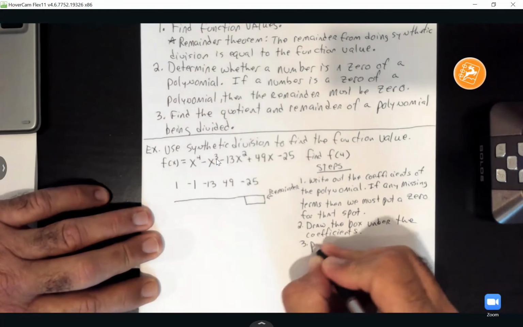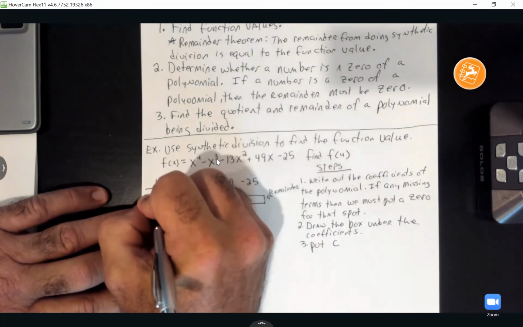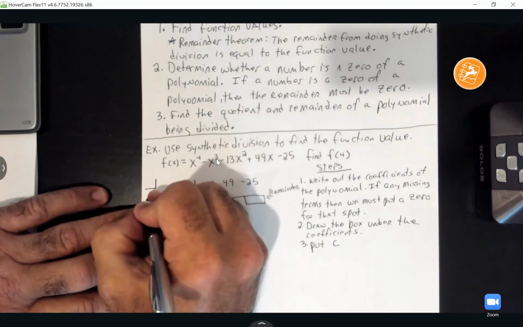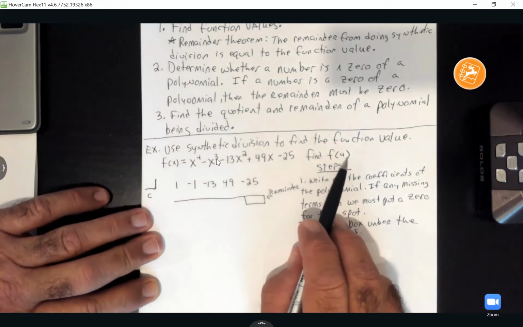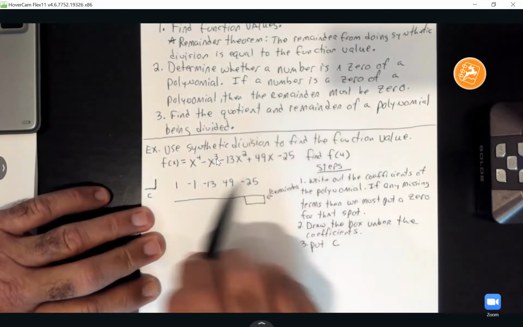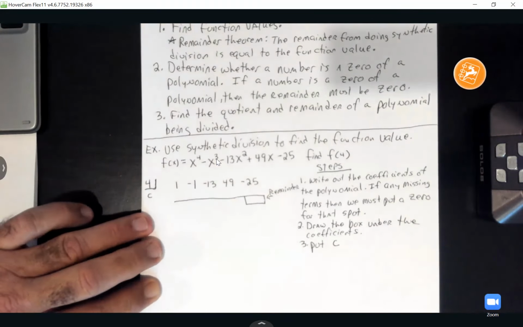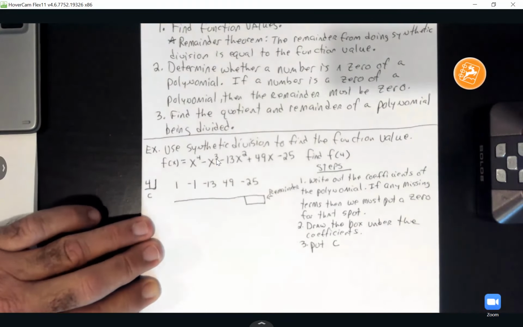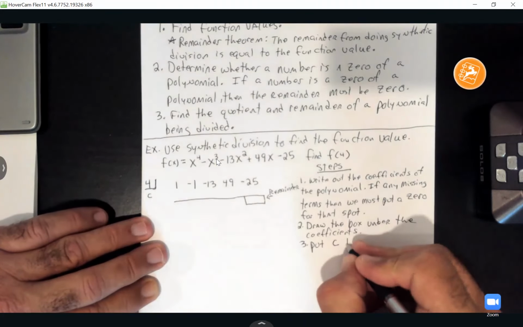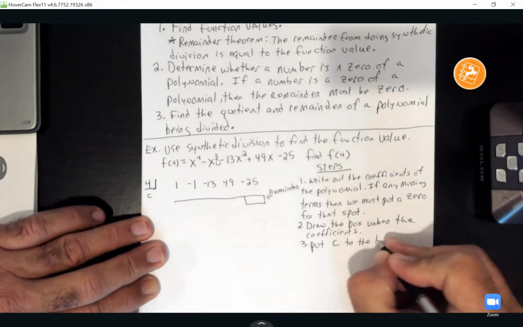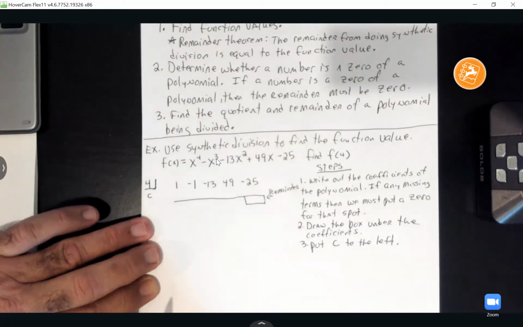Now, put C over here. C is what number you're evaluating. So I'm finding f of 4, so 4 will be what I put in for my C. C is always what we're checking. Put C to the left. All right, so I got my C over here to the left.